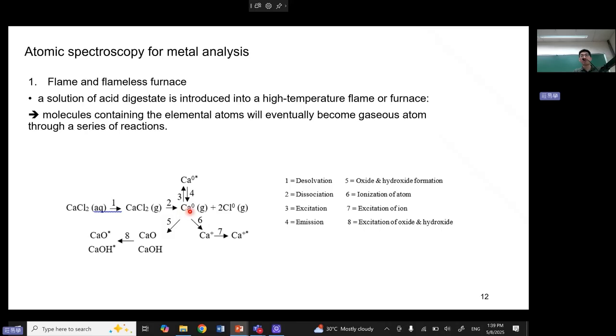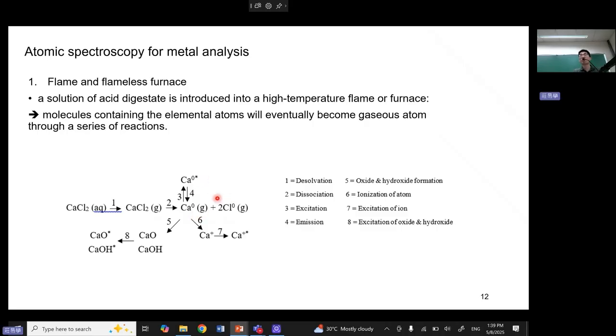You get the element calcium and the element chlorine, right? And specifically for the calcium, it might undergo excitation. Okay, excitation. So there's a dynamic balance between the ground state calcium and the excited state calcium.